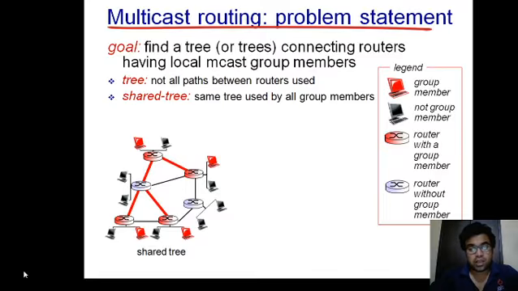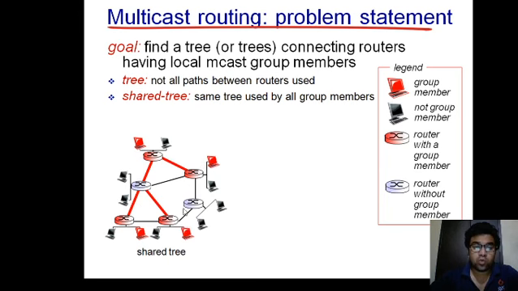Let's suppose we have this particular network and these red nodes are part of a particular group. So we need to form a group, and in that group we need to have these nodes' IP addresses.